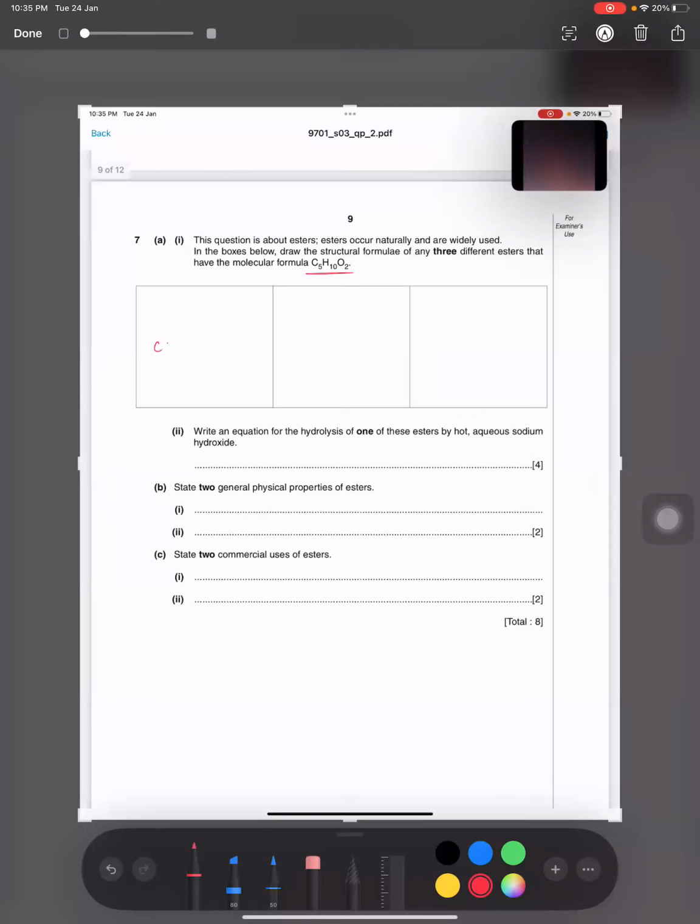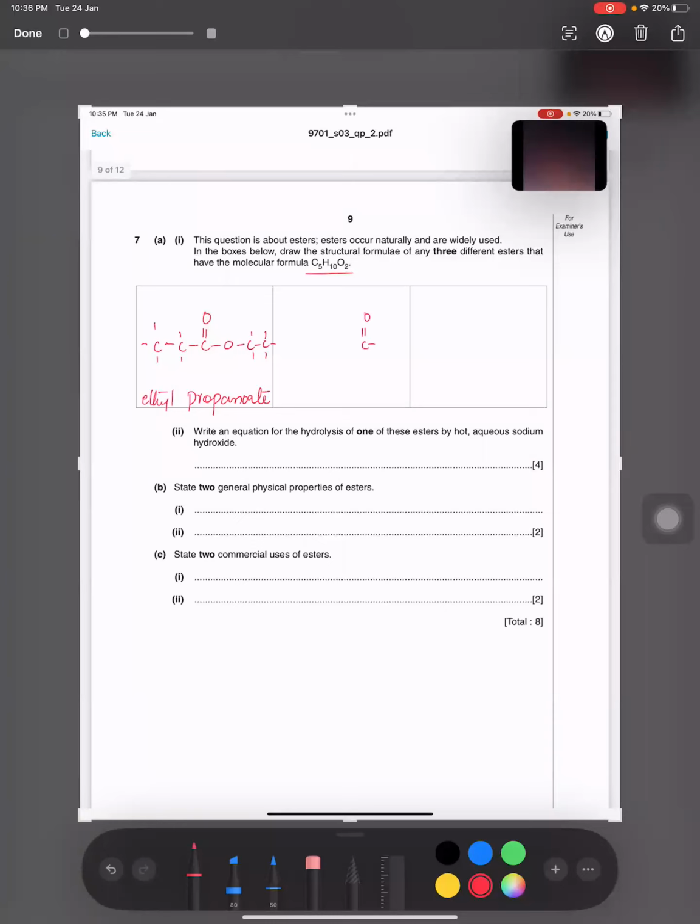You can draw like this: 1 carbon, 2 carbon, and the 3rd carbon. On the 3rd carbon you can form an ester linkage, and then these 2 carbon. In this way, you can form one of the esters. And what is the name of this? It is ethyl propanoate, right?